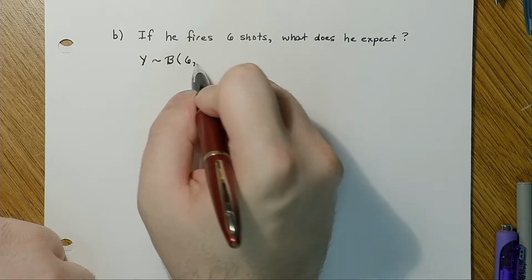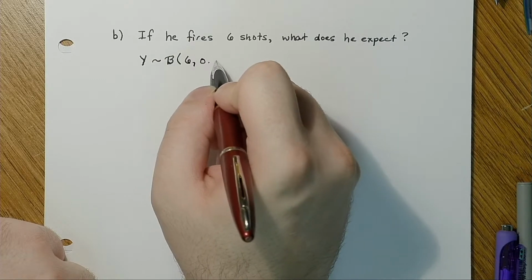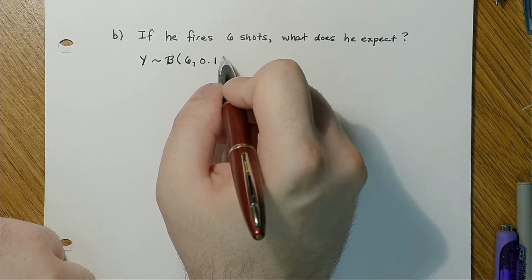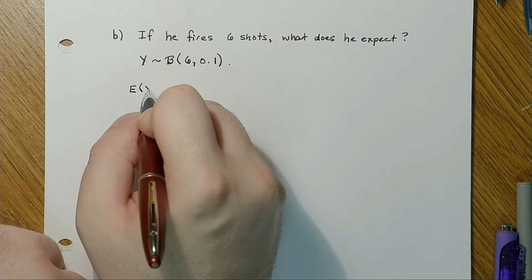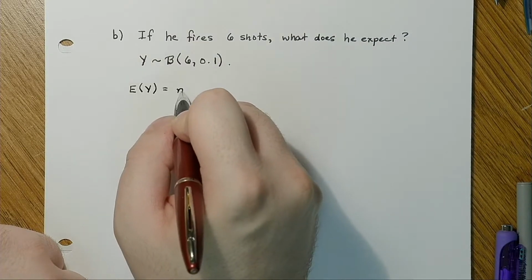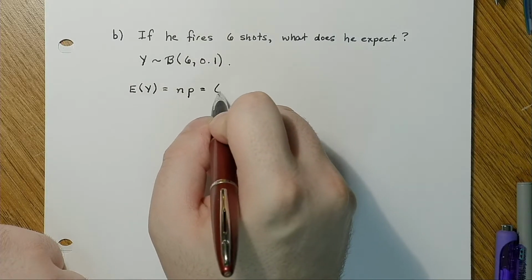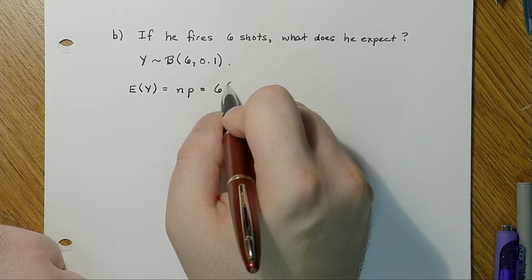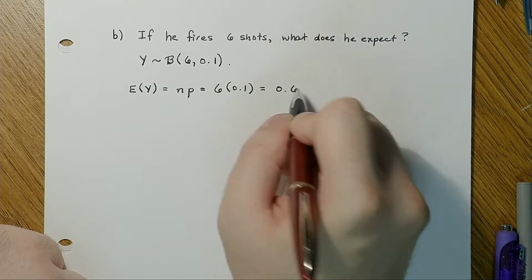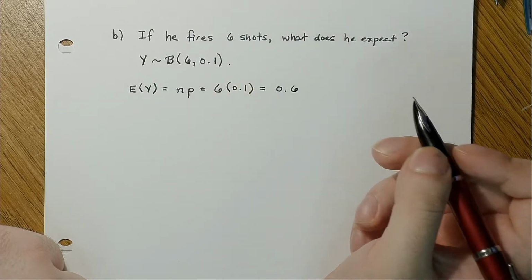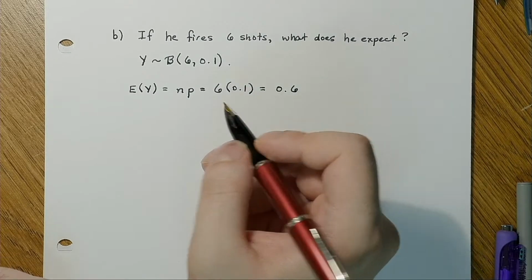He has 6 shots, and the probability of success is 0.1. The expected value of this is 0.6.